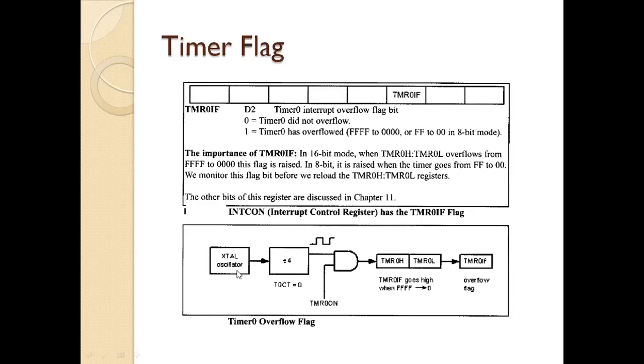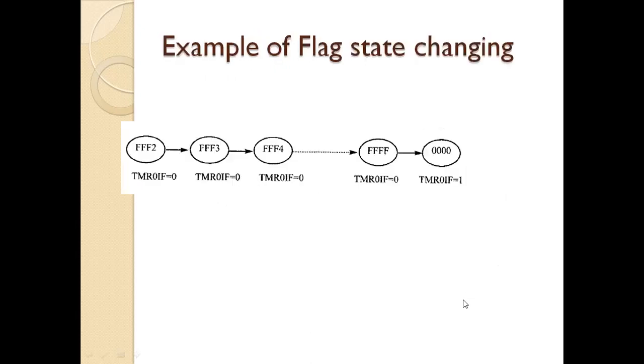Whatever my oscillator frequency, it is divided by 4. So now my timer is started. Whatever the value of the timer register, in every cycle it is incremented, and whenever it passes FFFF, the overflow occurs and my flag is set to 1.